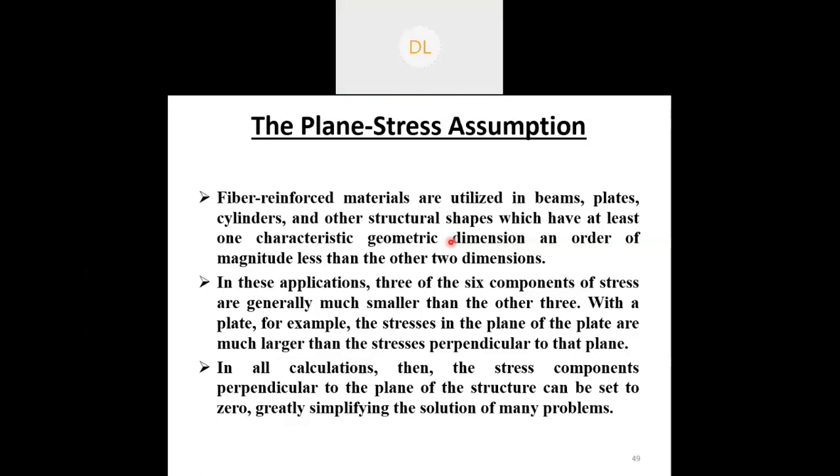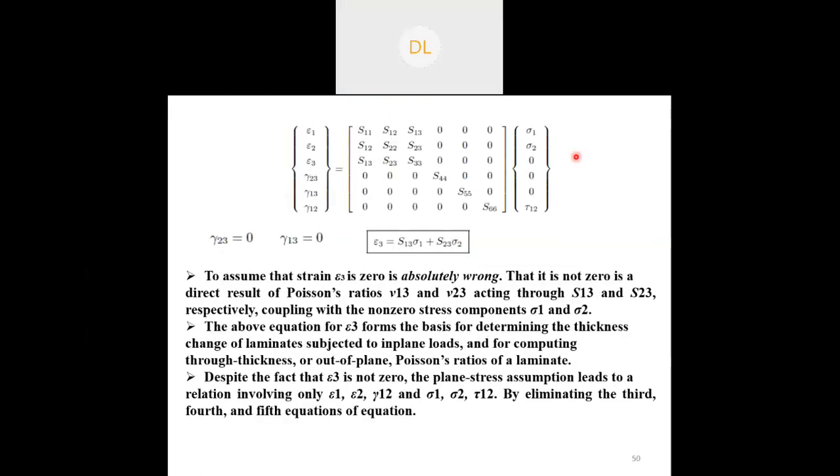In this case, the stresses in the third direction, sigma 3, tau 13, and tau 23, are all 0. But as far as the strains are concerned, only gamma 23 and gamma 13 are 0. Assuming epsilon 3 is 0 is absolutely wrong, because we cannot ignore epsilon 3; it is there due to the sigma 1 and sigma 2 effect.